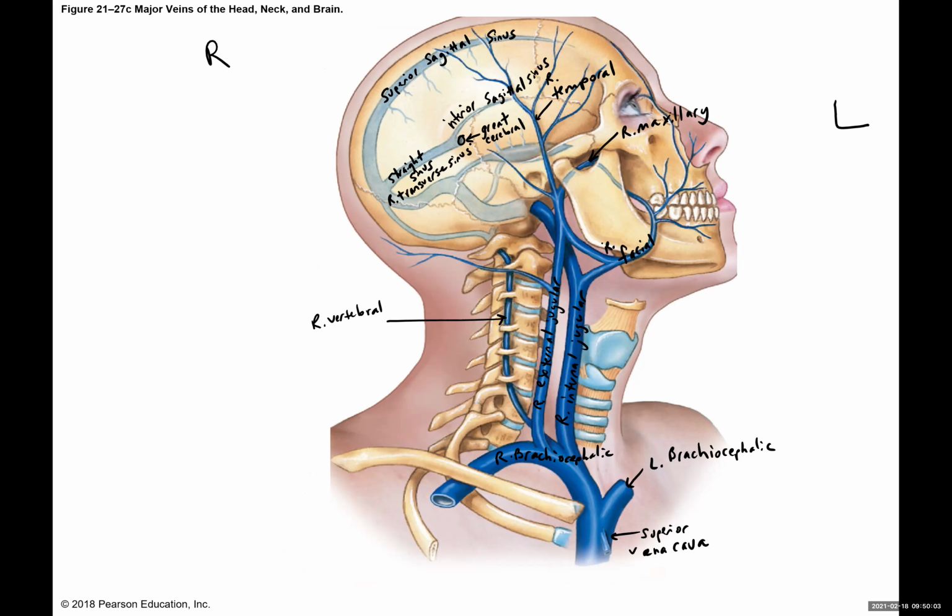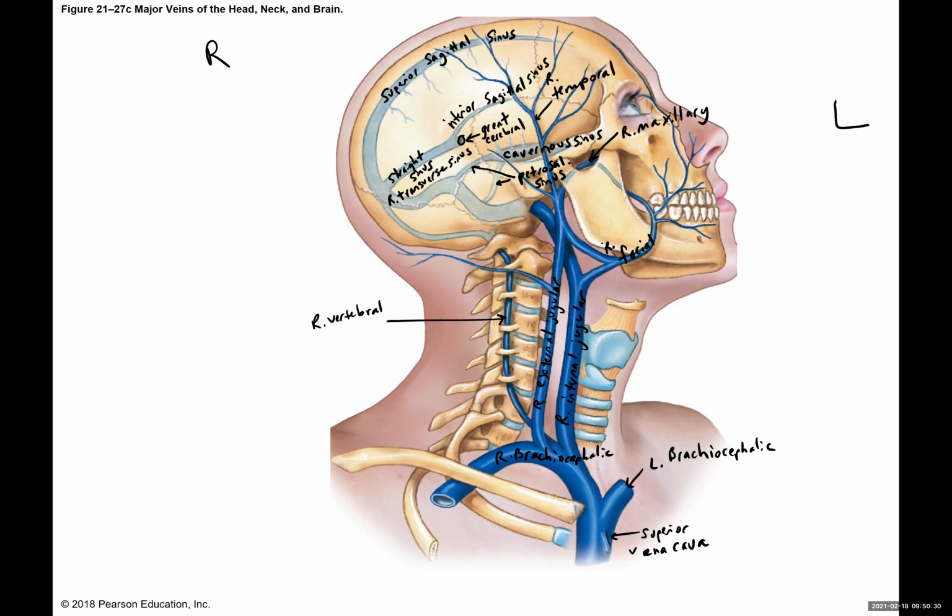Also feeding into the right transverse sinus, we have right here, the cavernous sinus, which feeds into these two vessels here, which are called petrosal sinuses. So the cavernous sinus feeds into the petrosal sinus.